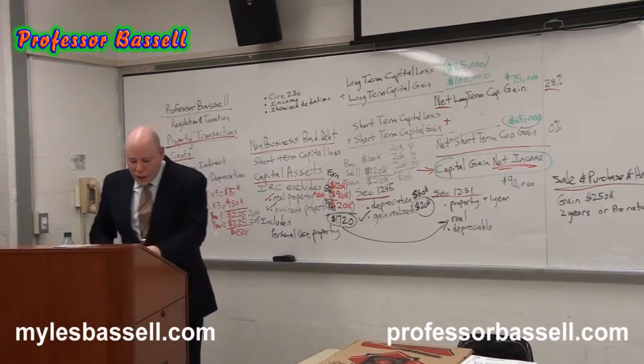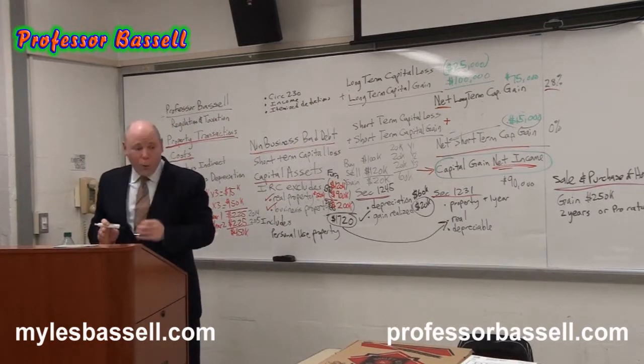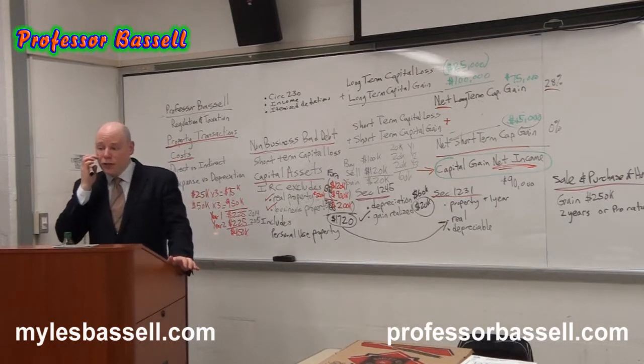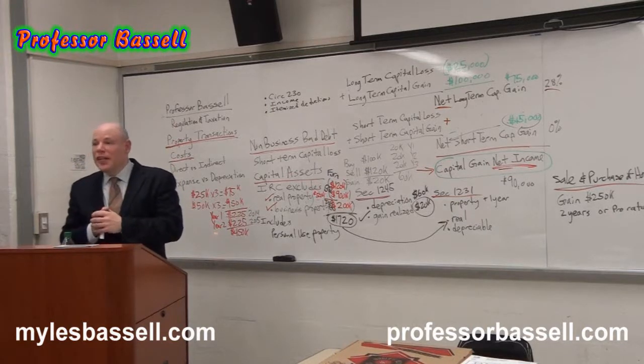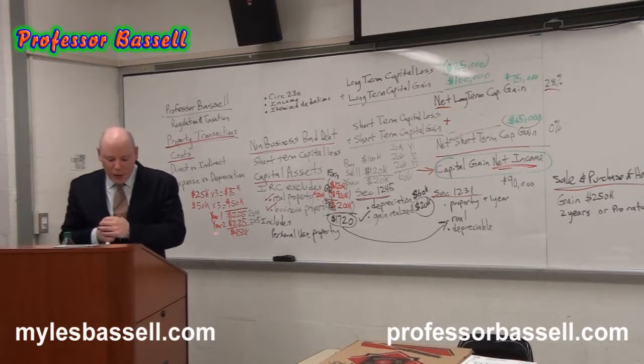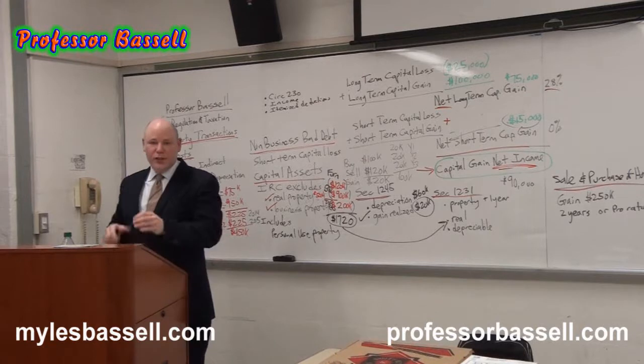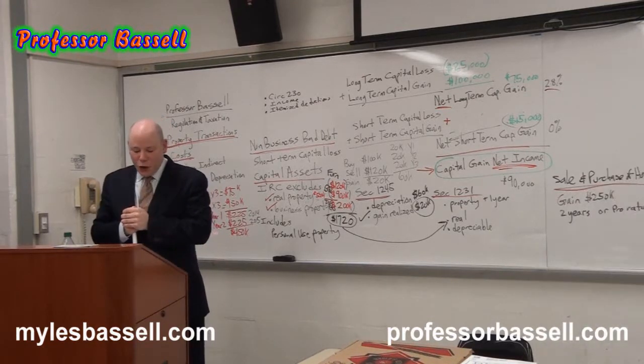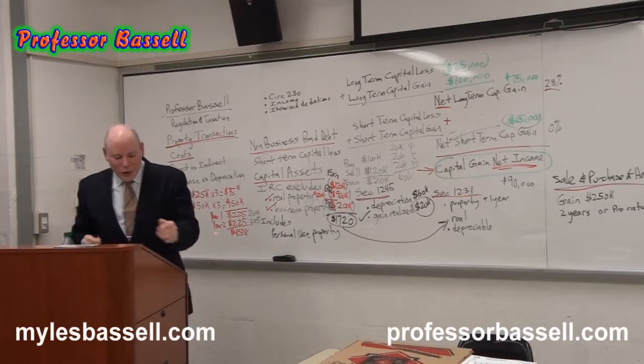All right, so who could tell me, in 2012, what is the amount of the personal exemption? So for the federal income tax, what is the amount of the personal exemption? 3,800.